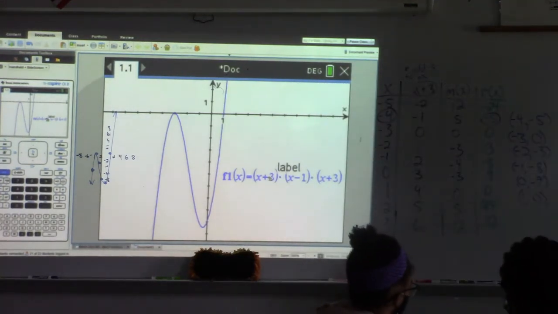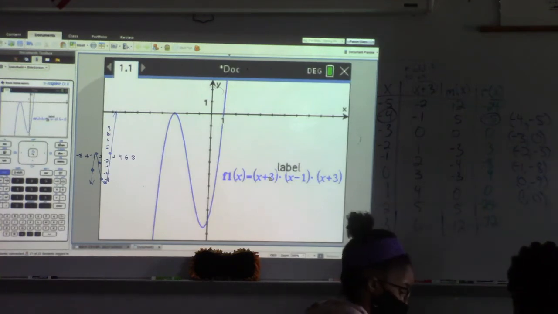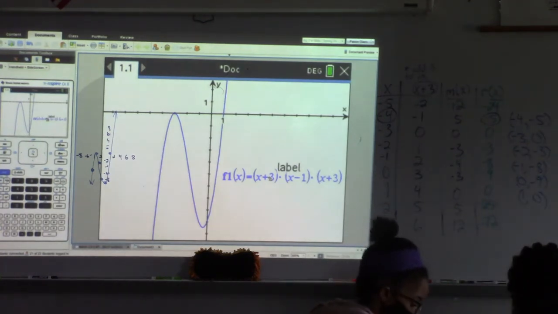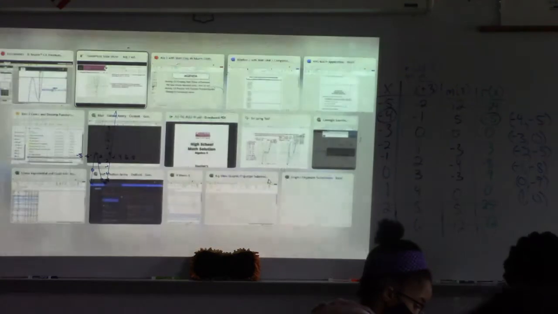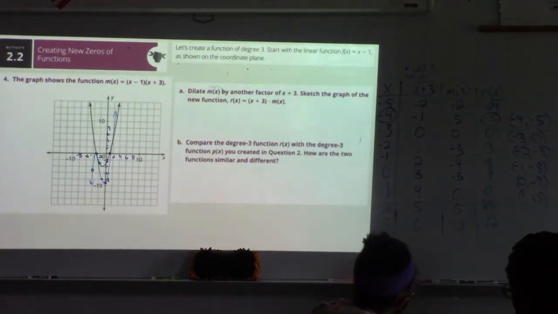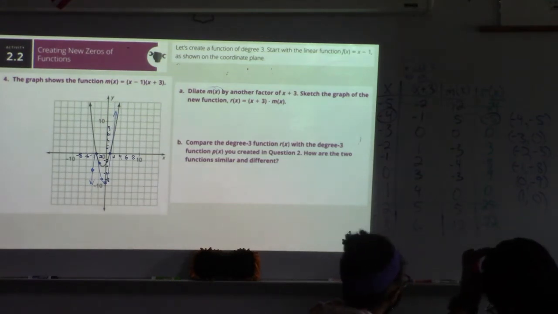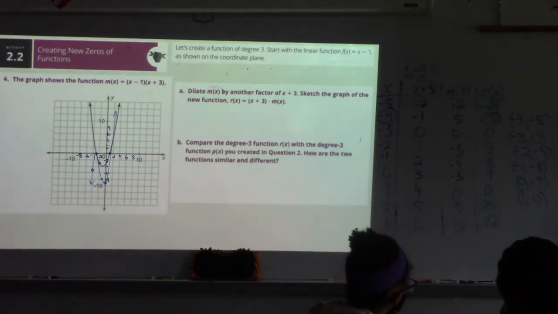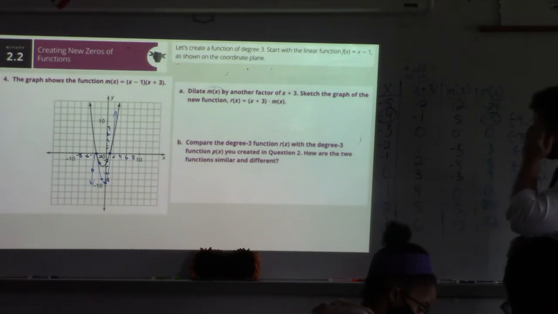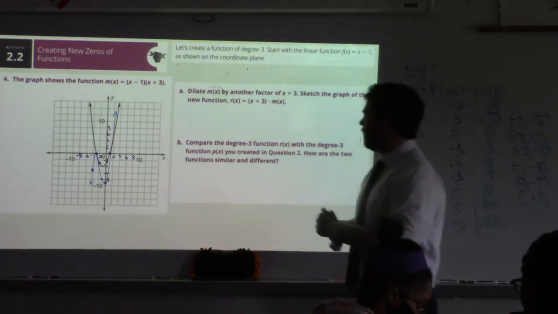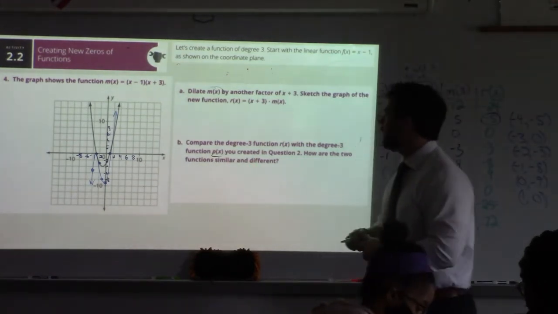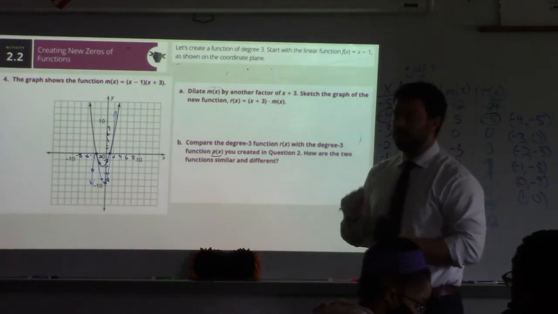What are your questions looking at this graph and looking at what you have on your paper? Cool. B. There are some small differences between this degree 3 function r of x and the degree 3 function p of x, which is from number 2.